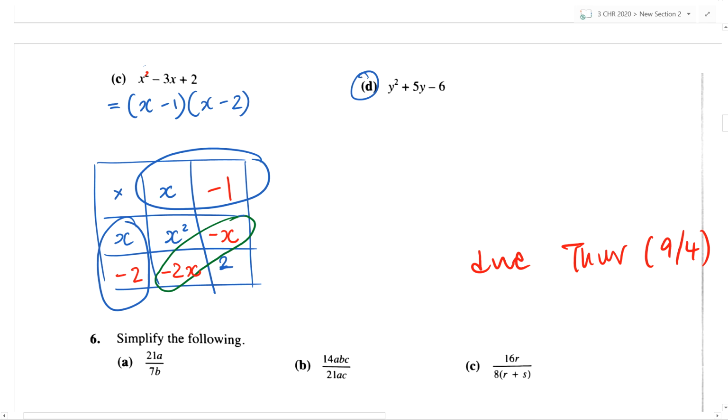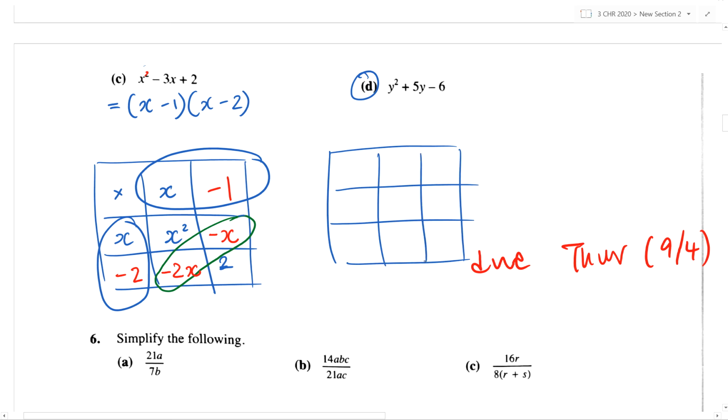I will also help you with part D. Again, this is factorizing with a square term. So let us draw our 9 boxes. Put in whatever we know, multiplication, the y square term, the negative 6. Next, in order to arrive at y square, we have to take y multiplied by y.